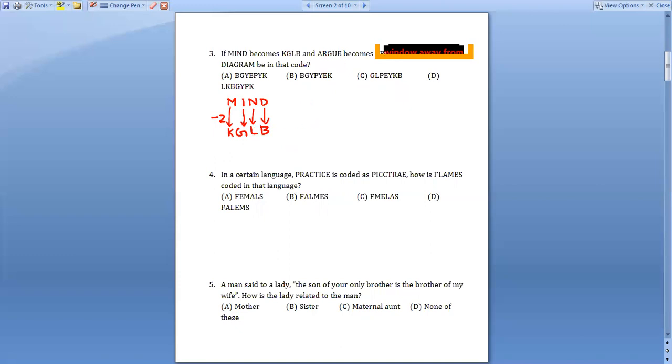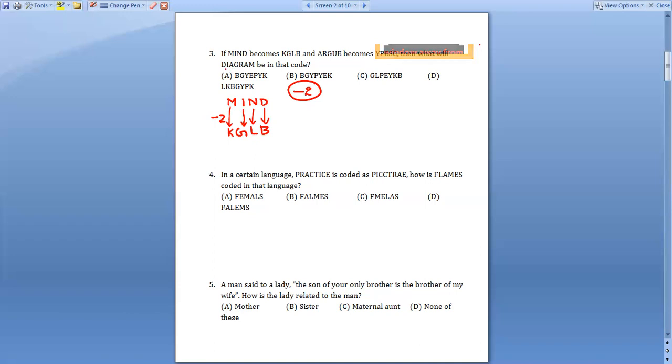So similarly, argue is coded as YPESC. So A minus 2 gives Y, R minus 2 gives P, G minus 2 gives E, U minus 2 gives S, and E minus 2 gives C. So here you have to take 2 steps behind.